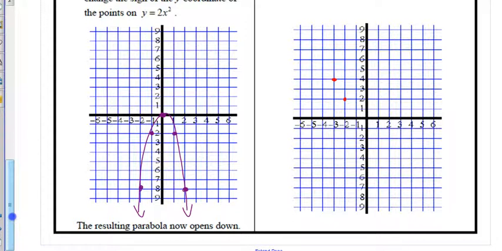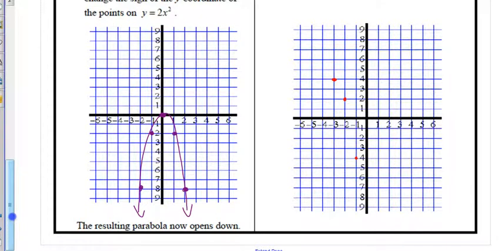I'm now going to take the point (2, 4). This is on the original graph, right? I'm going to stretch it by a factor of 2. It's at (2, 8). I'm going to reflect it. It's at (2, negative 8). That's the one that's over there, right? And now I'm going to move 1, 2, 3, 1, 2, 3, 4. And there's that point. I'm now going to take the point (negative 1, 1).